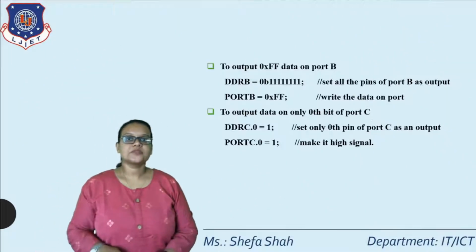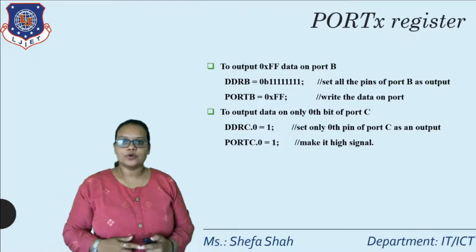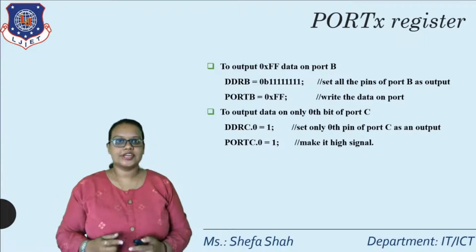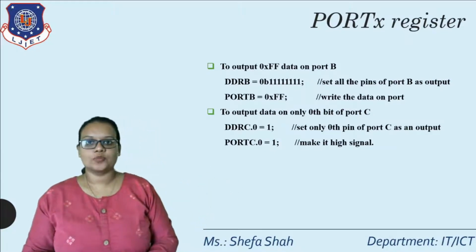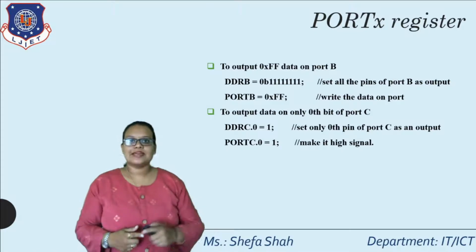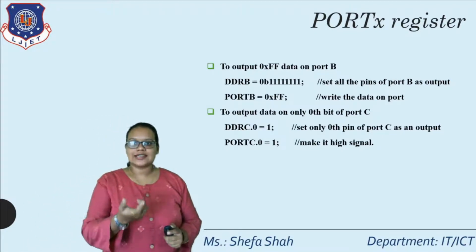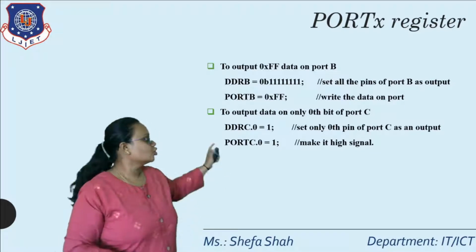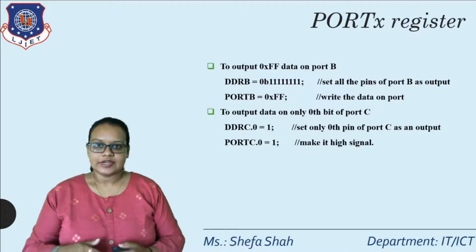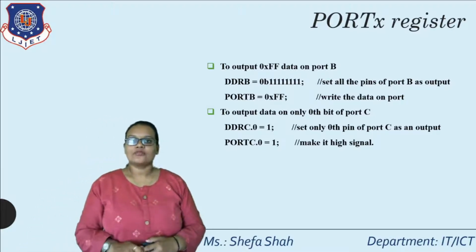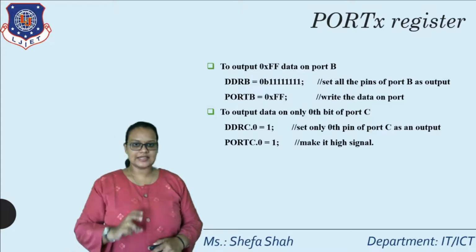Now again, you can see the second example, to output 0xFF on port B. Here we are making port B an output, so we are assigning DDRB as 0b with all 8 ones. And we are assigning the data, that is 0xFF, to port B using the instruction PORTB is equal to 0xFF. Right? And in the third example, we are only assigning the 0th bit as the output.